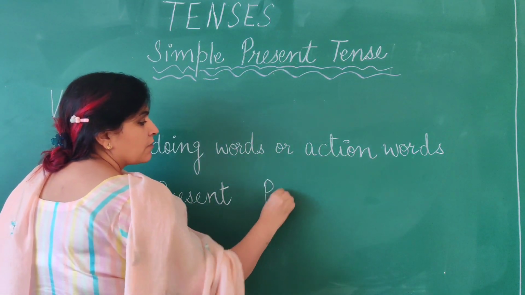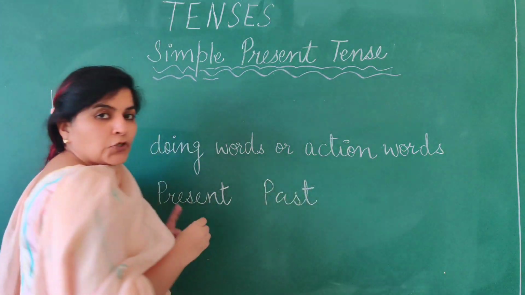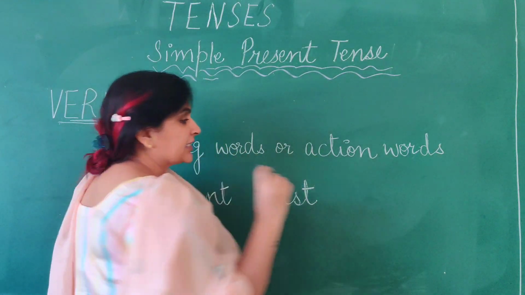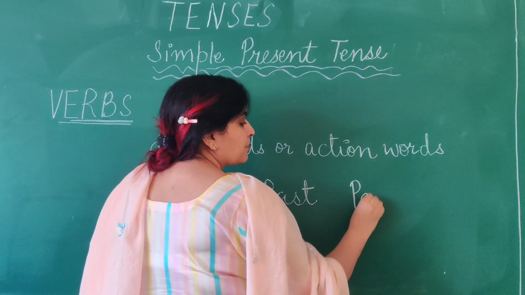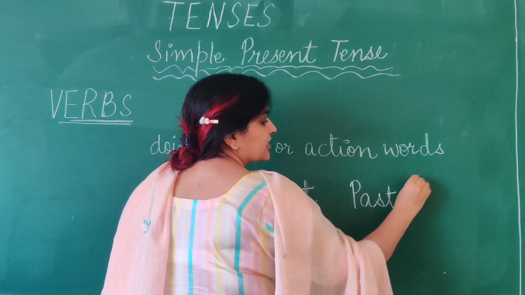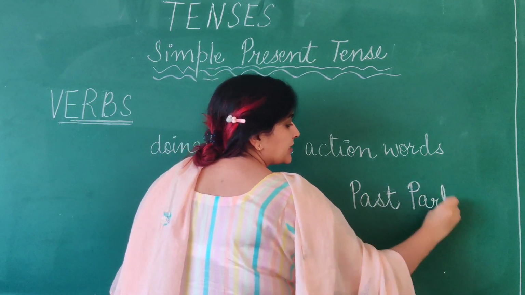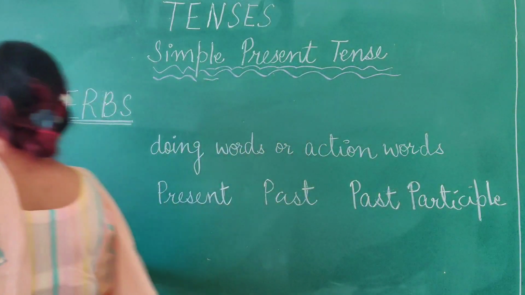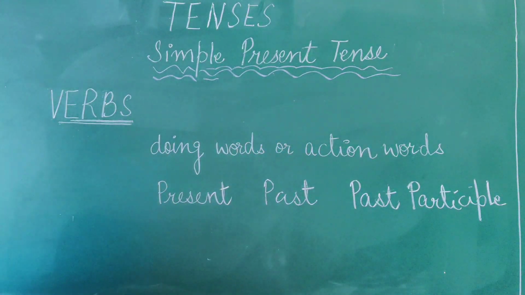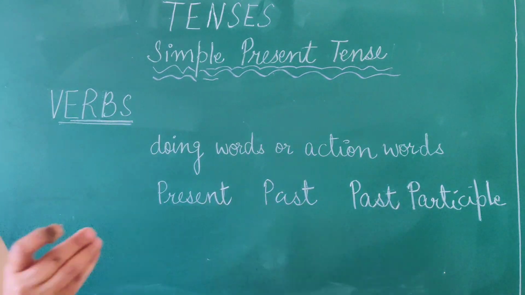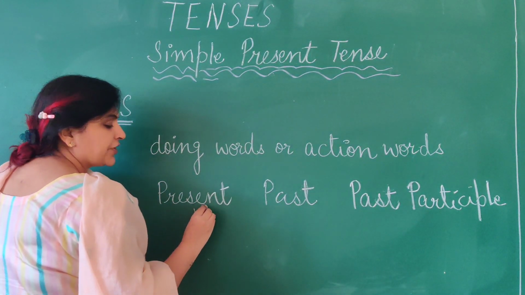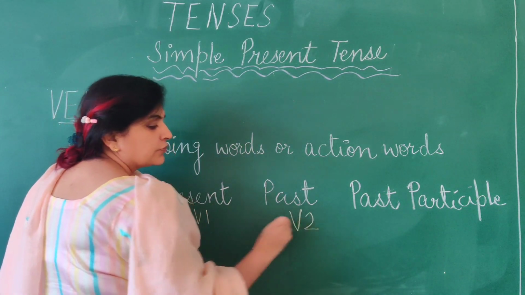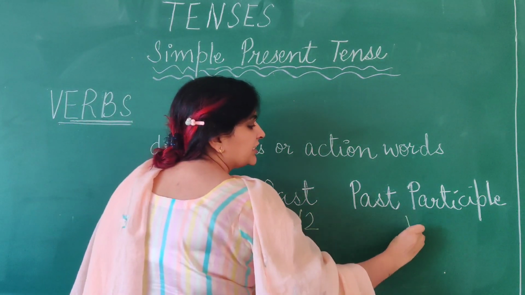Second is past form. And third is called a past participle. We also call these verbs V1, verb 1, V2, verb 2 and V3.